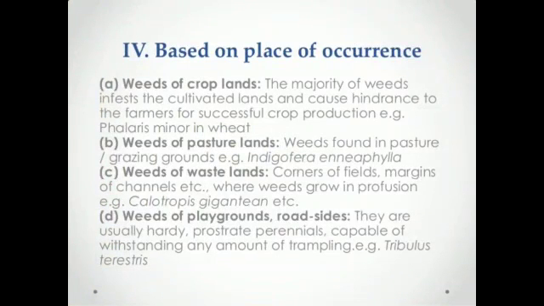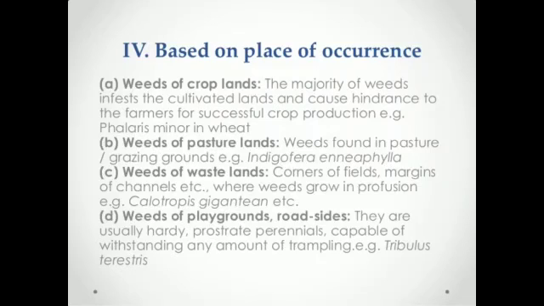Then classification based on their place of occurrence. In that, the first one is weeds of crop lands. The majority of weeds infest cultivated lands and hinder farmers from successful crop production. Example like Phalaris minor in wheat. These weeds have a tendency to have a life cycle similar to that of the cultivated plant, and an example is Amaranthus species.